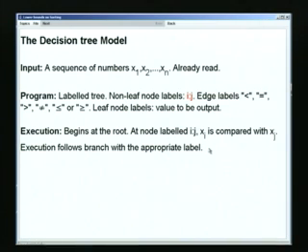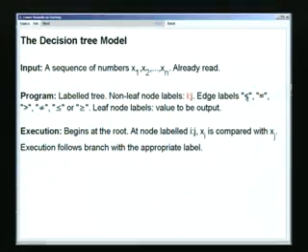Say, for example, the result is less than, then we will look for branches having either the label less than or the label less than or equal to. We will require that only one out of less than or equal to and less than be a label present on the outgoing edge. This is because we want our algorithms to be deterministic. Once we make a comparison, we want a unique path to follow outwards.